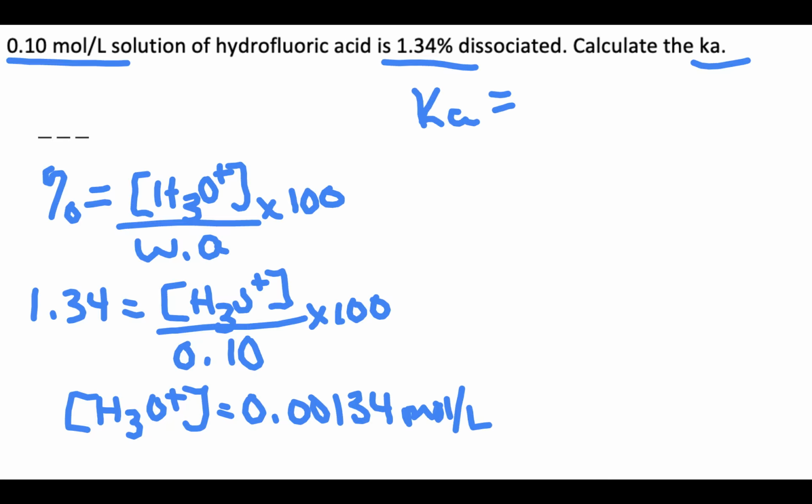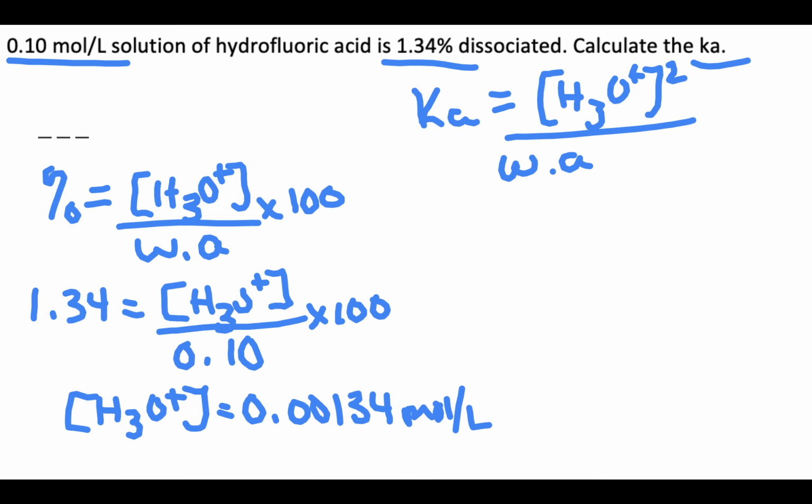And if you just started by writing down the Ka formula, hopefully you would realize that we don't have hydronium, so we'd have to find it first. But we did have the weak acid. So we're going to fill it in one more time, just like with that previous example. So we'll replace hydronium into the top and in the bottom, and the concentration of the weak acid.